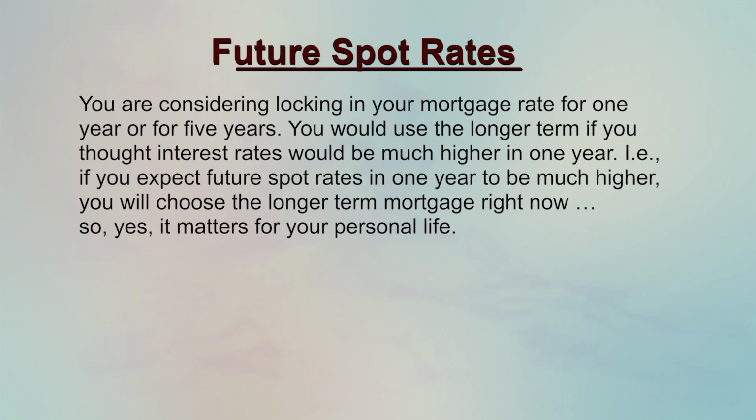If you expect future spot rates in 1 year to be much higher, you will choose the longer term mortgage right now, and that is for your personal life also. That means if the cost of borrowing is on the rise, then definitely we will take a longer period loan where the future spot rate will be determined.